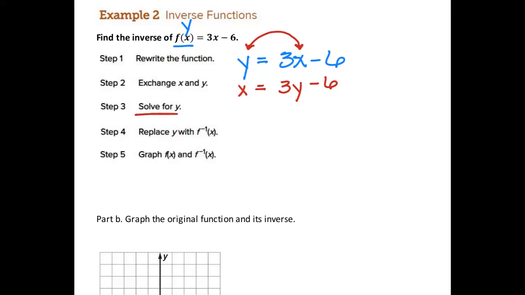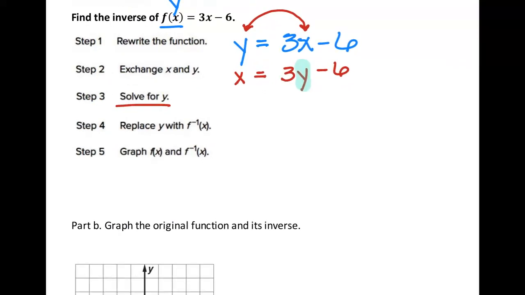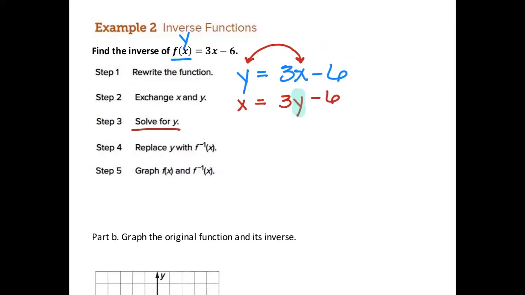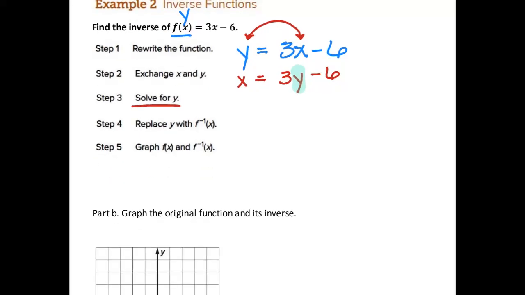Then it says we have to solve for y. So we want to get this y by itself. Well, on the same side with that y, I have 3y minus 6. So how do I undo that subtraction of 6? What would I do?